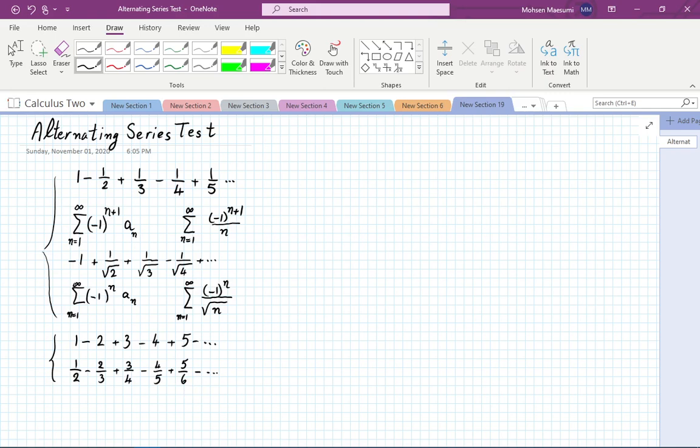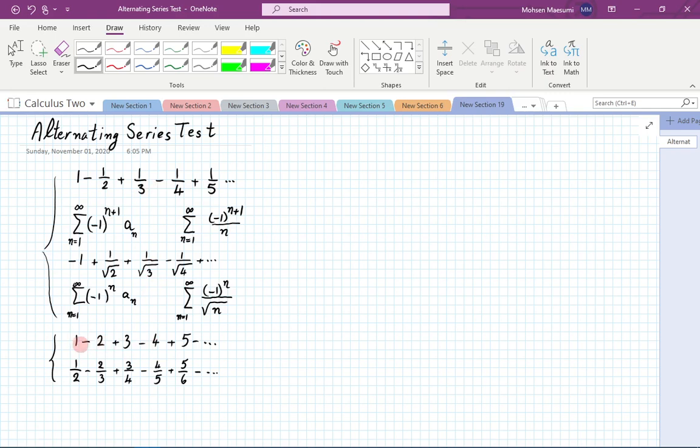Now, some of these series converge, some of them diverge. And the test is very simple. If the terms of the series decrease and go to 0, the series is going to converge.